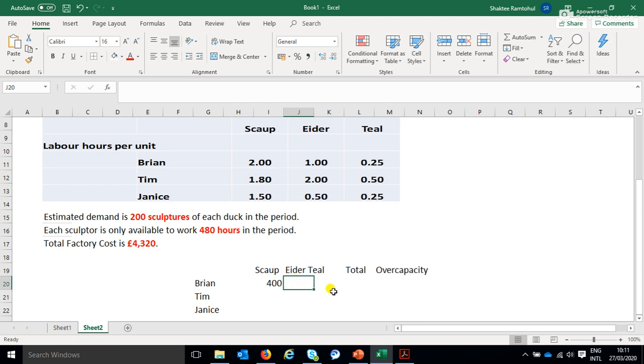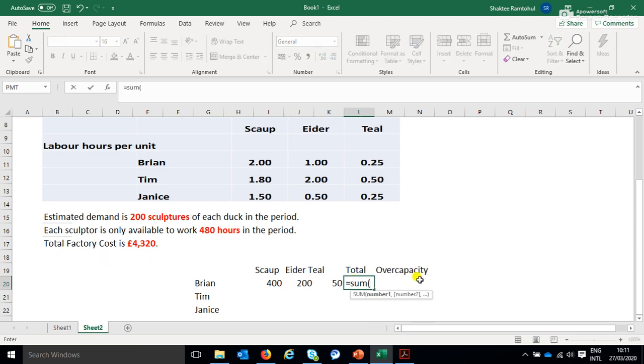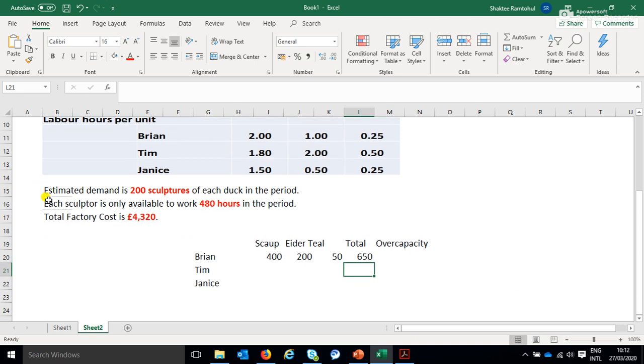Then 200 multiplied by 1, so that's 200. And then 200 multiplied by 0.25. So in total, let's sum this up. Brian will take 650 hours.